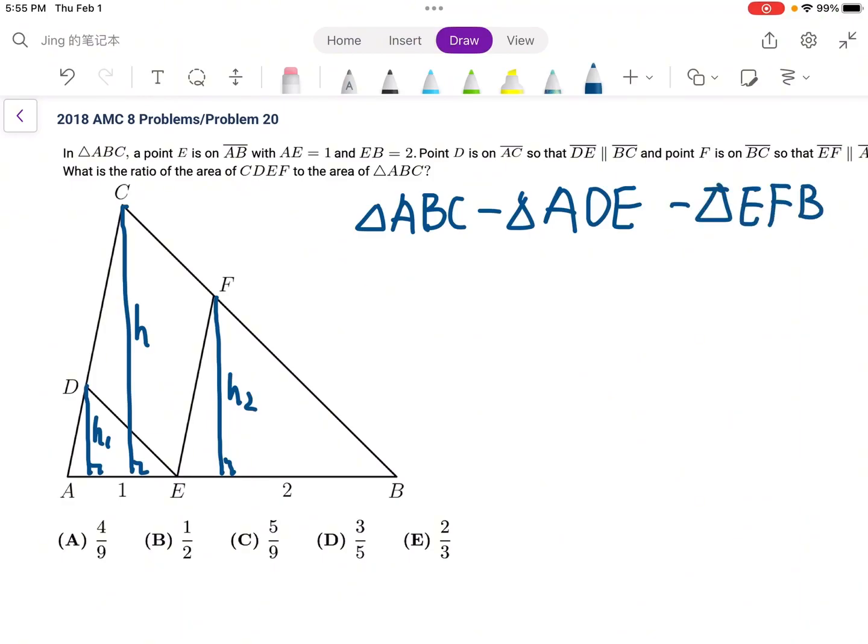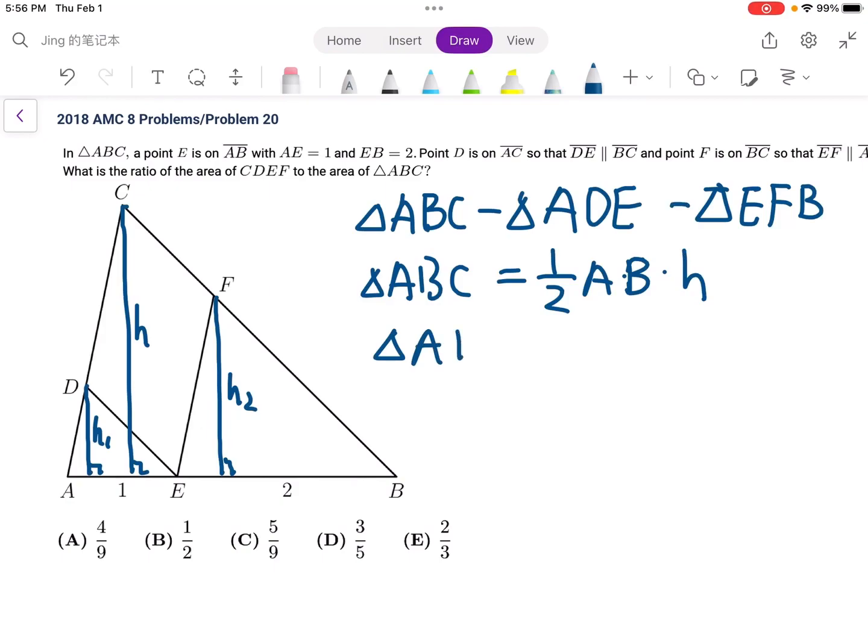So triangle ABC, its area equals 1/2 AB multiply H. And triangle ADE, its area equals 1/2 AE multiply H1. Now we already know that AE is 1/3 of AB.